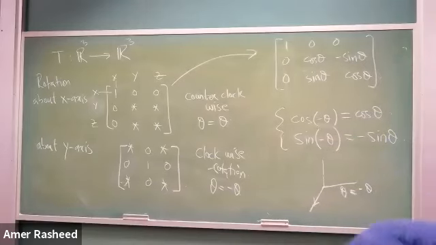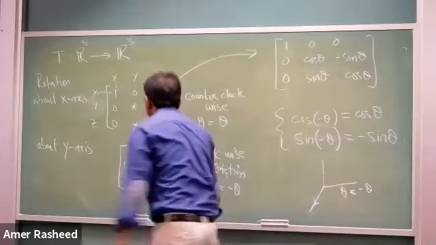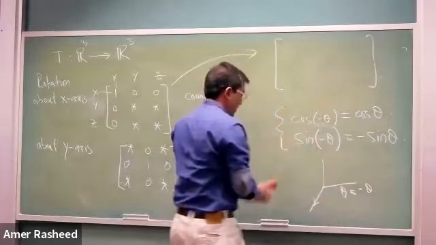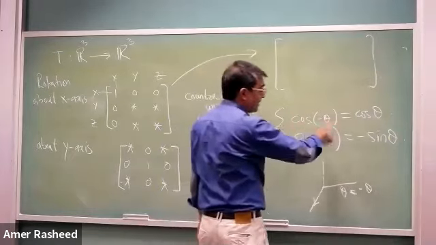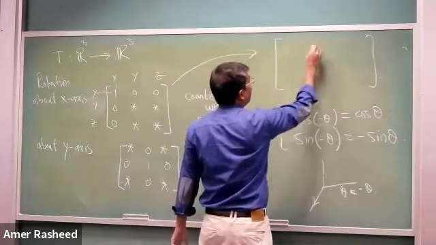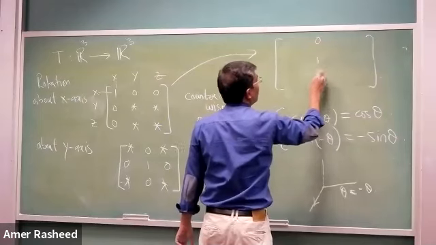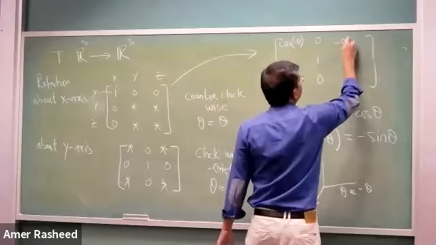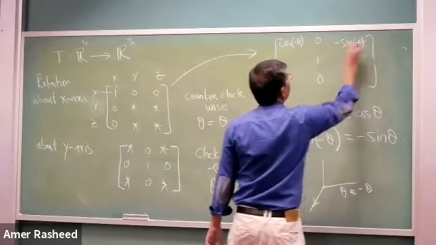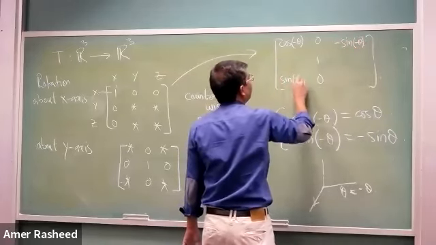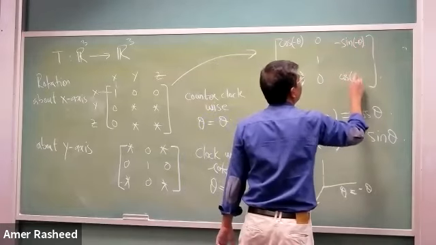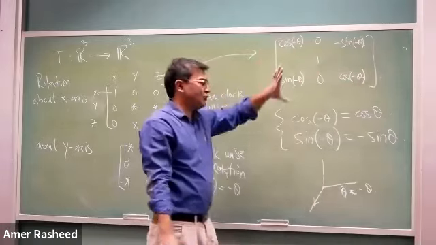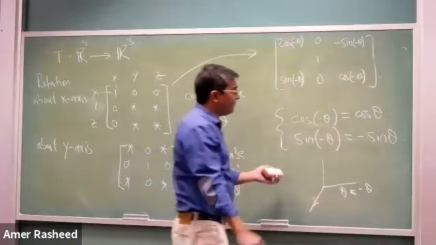For example, if you want to define a matrix which rotates any vector about y-axis, then it will be 0, 1, 0, cos of negative theta, and negative of sine of negative theta, and sine of negative theta, and cosine of negative theta. These expressions will remain same as in 2D, but only the angle will be changed.